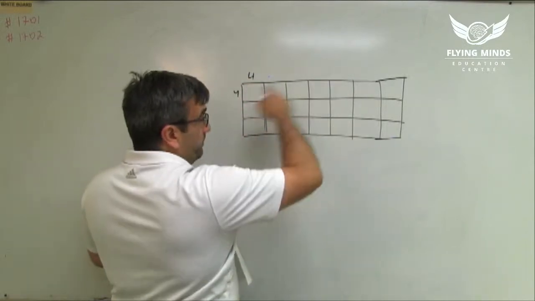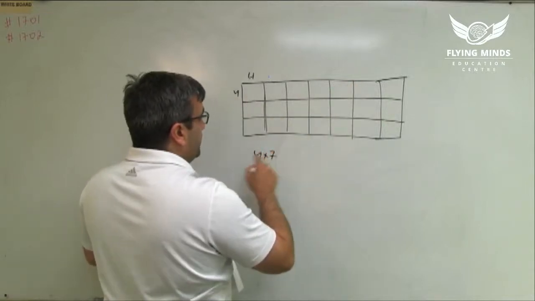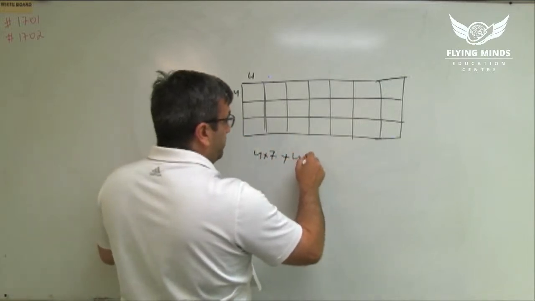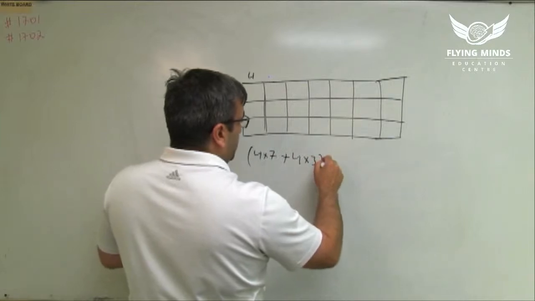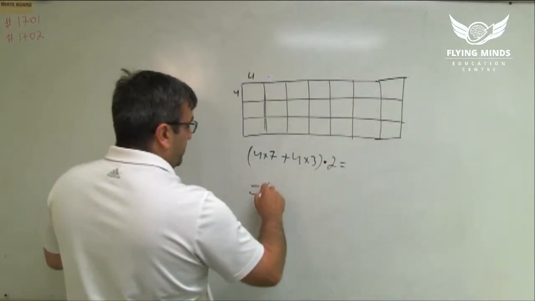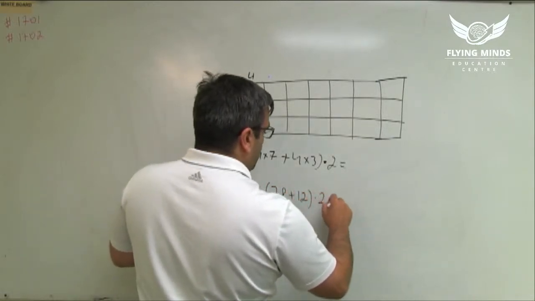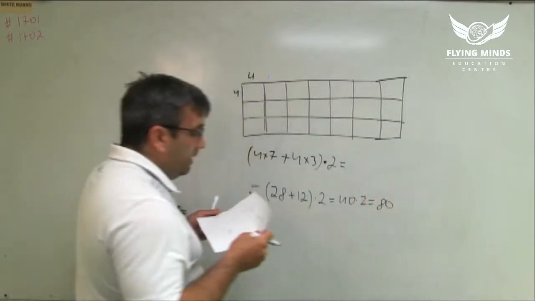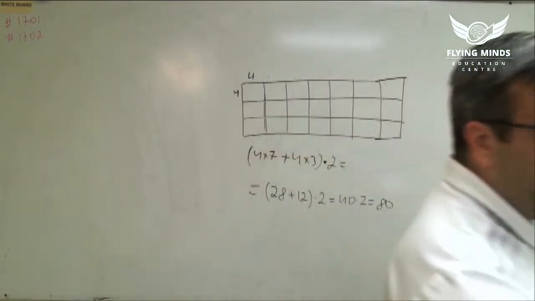So we have 7 squares, so it will be 4 times 7, plus we need to find the perimeter, 4 times 3, and we need to multiply it by 2. So it will be 28 plus 12 times 2, so it will be 40 times 2 equals 80. The correct answer is D.